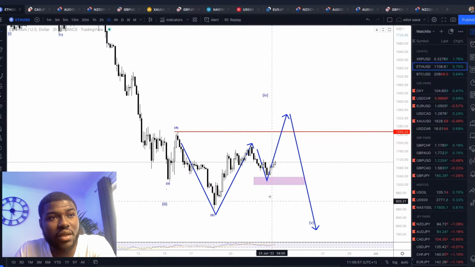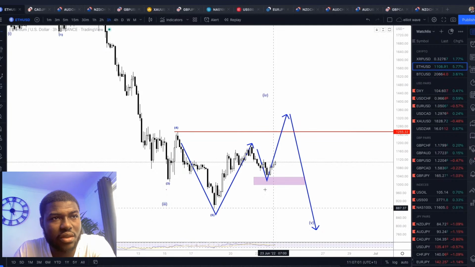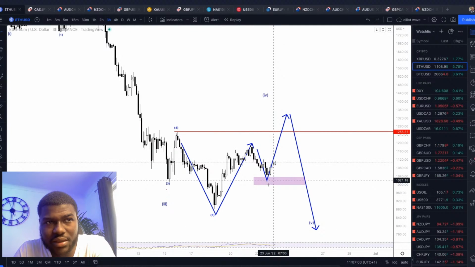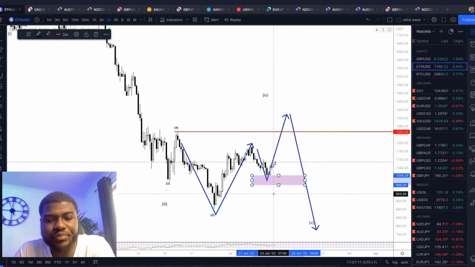Then I was able to, okay, let me point out the potential reversal zones. That is where I marked here with this rectangle. I used my Fibonacci to get this point. This was explained, I think, on Monday or yesterday.